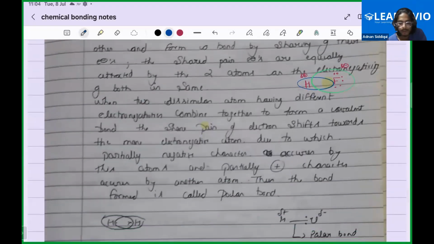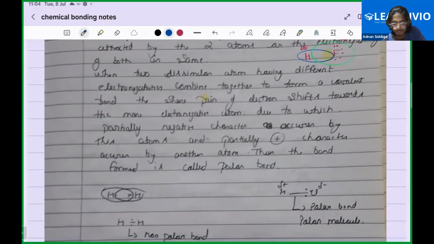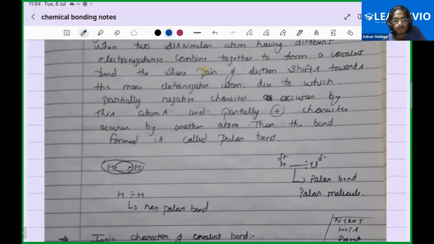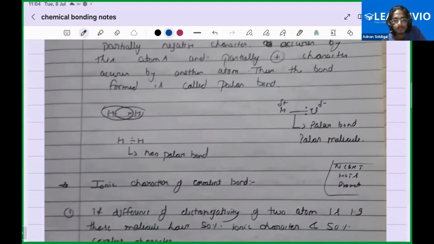When two dissimilar atoms having different electronegativity combine together to form a covalent bond, the shared pair of electrons shifts towards the more electronegative atom, due to which a partial negative character is acquired by this atom and a partial positive character by the other. So in the exam, if they ask which one is polar and which one is non-polar, should I say different atoms are polar and same atoms are non-polar?